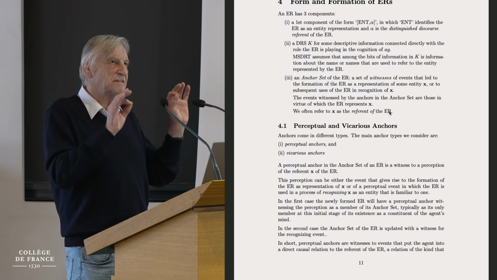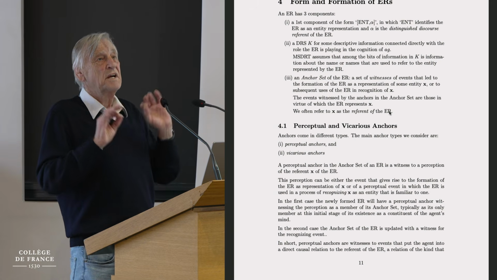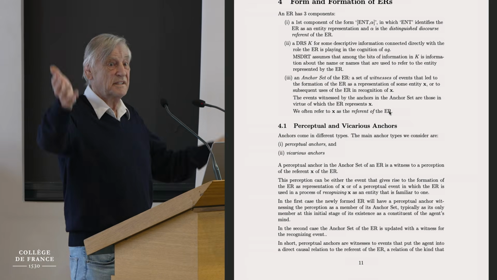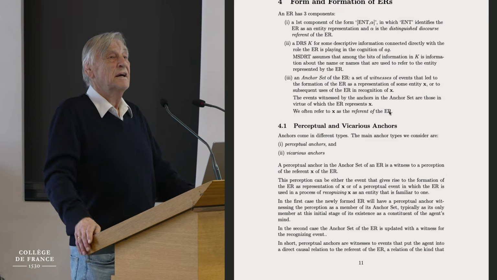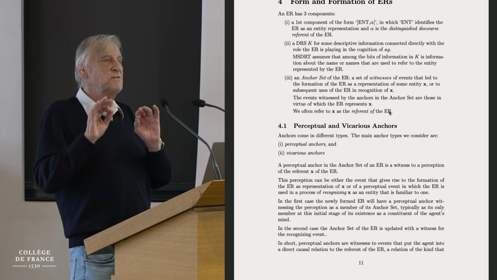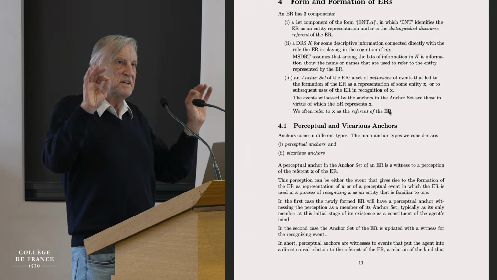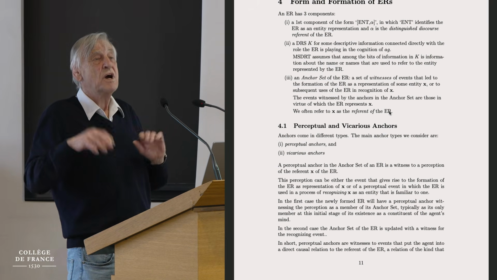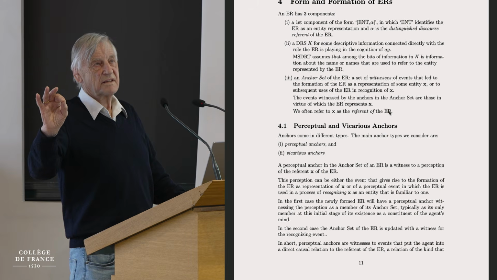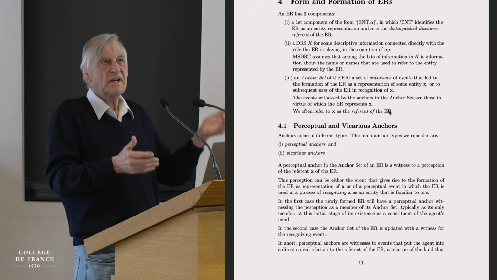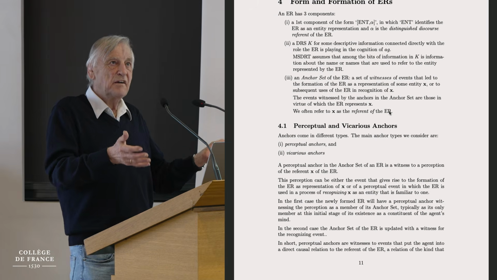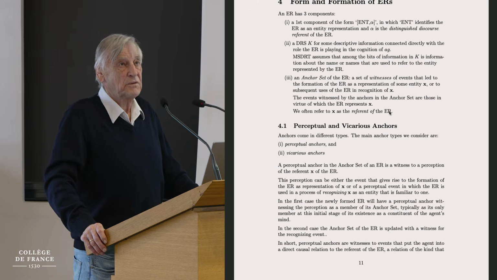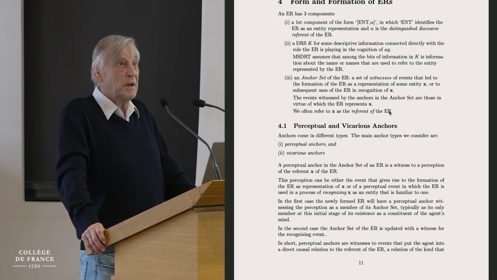And I think it's certainly not far from the truth to say that what he really meant by this distinction, in the terms of MSDRT that I've just outlined, is that the consumers are those whose entity representation, labeled by the name, only contains vicarious anchors for the reference of the name, whereas the producers are those that still are or have been interacting with the referent themselves, and their anchor sets will contain perceptual anchors as well.